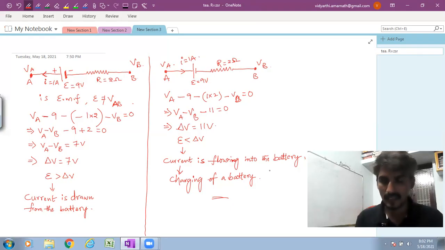That's why we are getting a lower value. An ideal battery is a perfect battery for which there is no internal resistance. If it is not an ideal battery, it will definitely have an internal resistance.